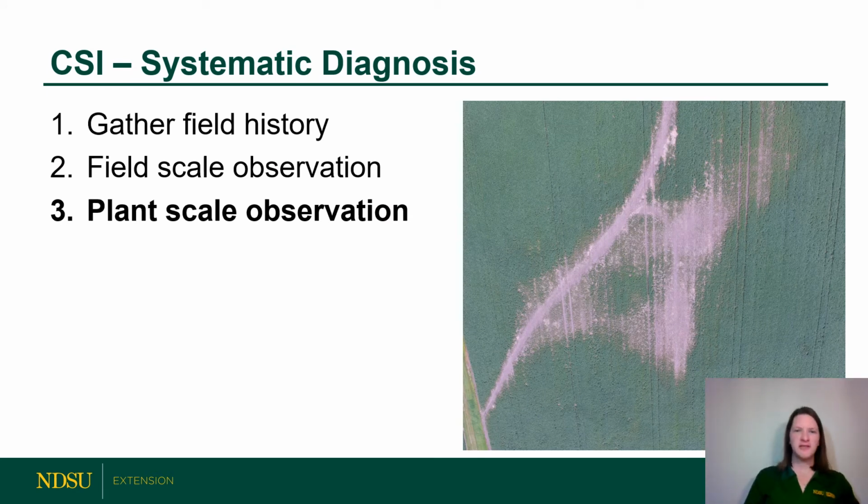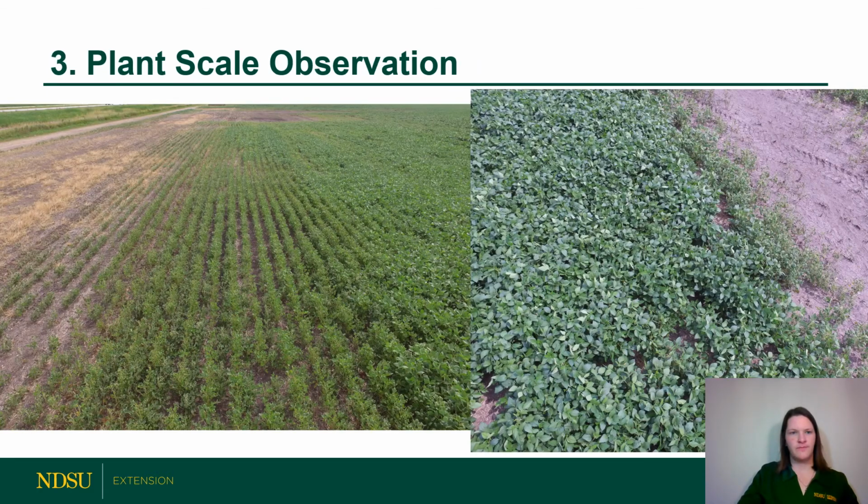Next up on the systematic diagnosis is step 3, looking at the plant scale observation. For this plant scale, we have closer up pictures.